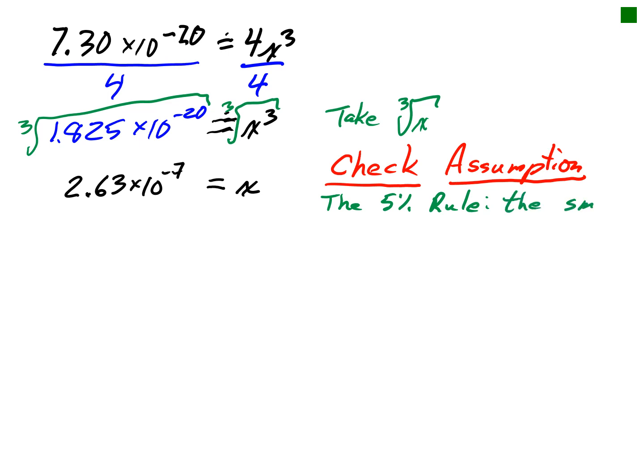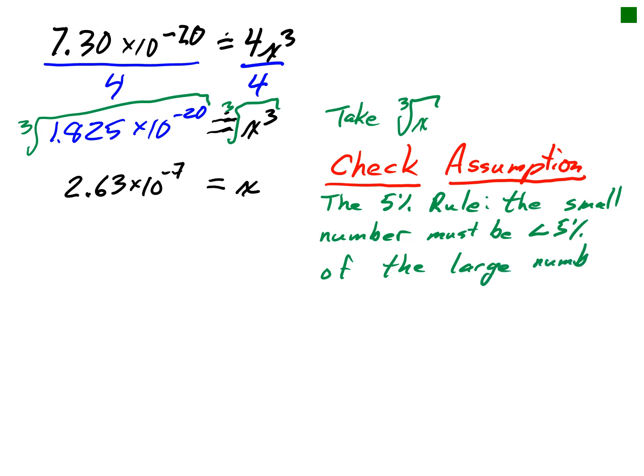the small number must be less than 5% of the large number. That's what it means. Okay, so my original number was 0.1.